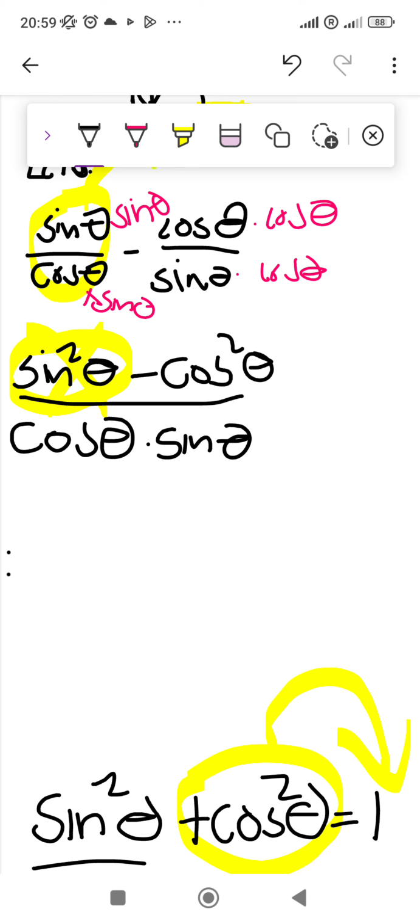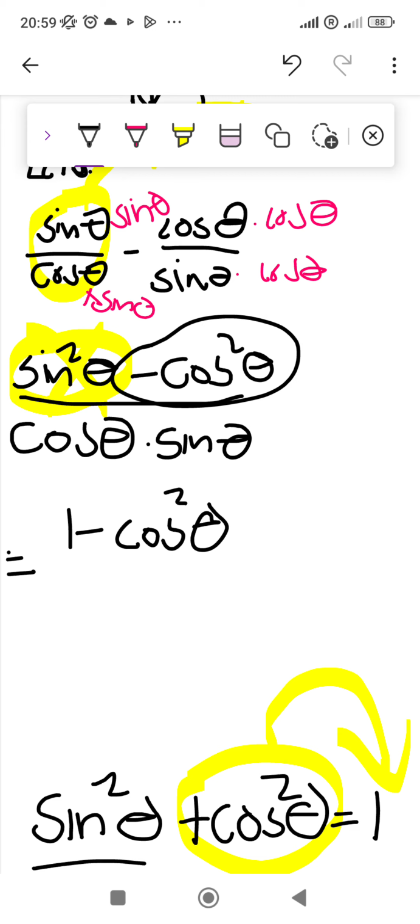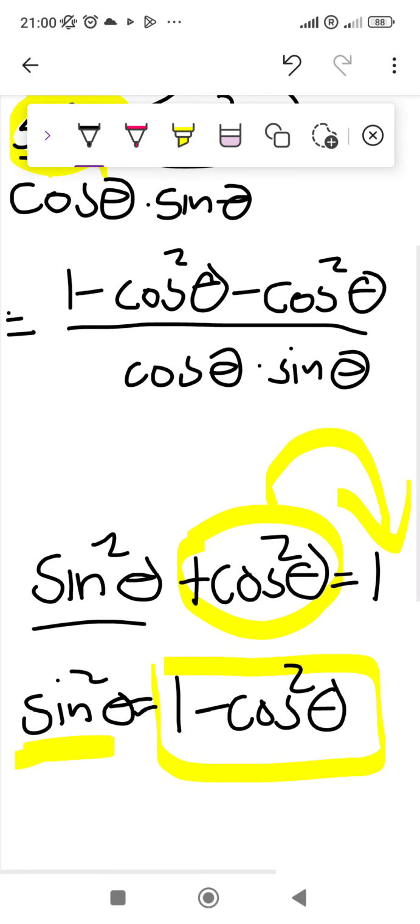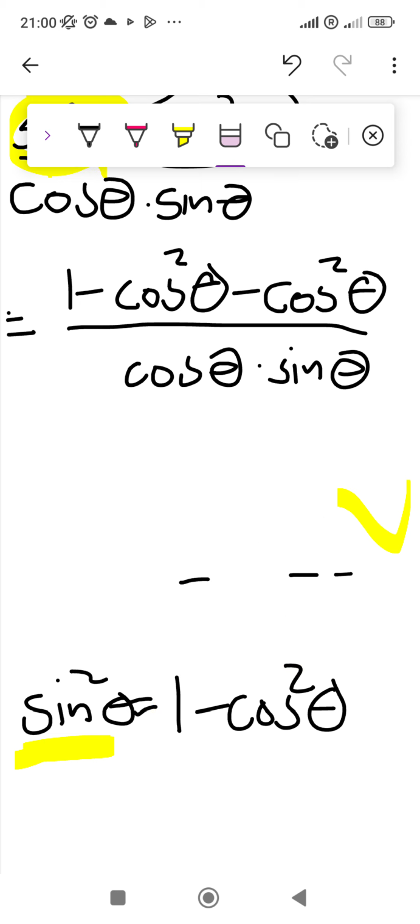So we have 1 minus cos squared theta, and then we're going to have minus cos squared theta. The denominator didn't change. The denominator is cos theta times sine theta. Now we look into our numerator, and what we notice is that they are like terms.